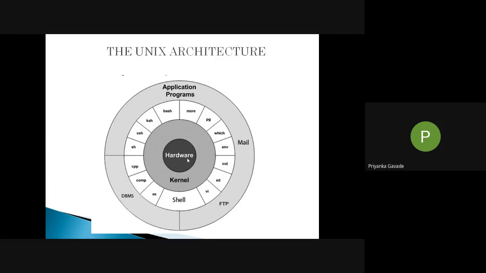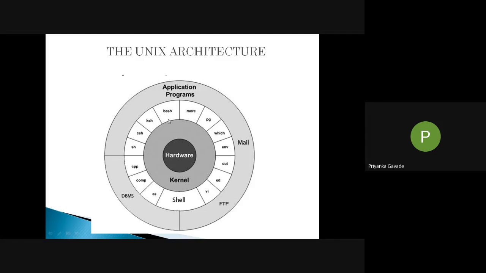So you can see that in the case of Unix, we do not find graphical user interfaces; these days we find graphical user interfaces, but basically Unix is a command language, right? You can observe here the shell. Here you have a set of commands like vi, cut, right?